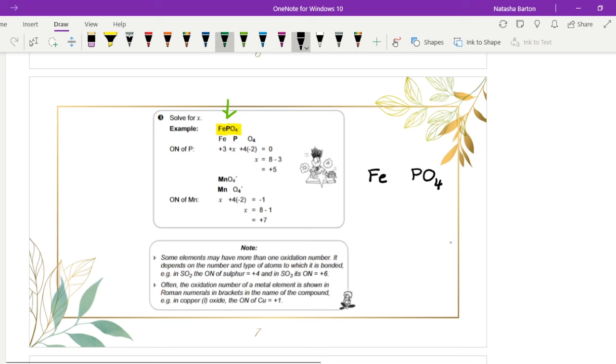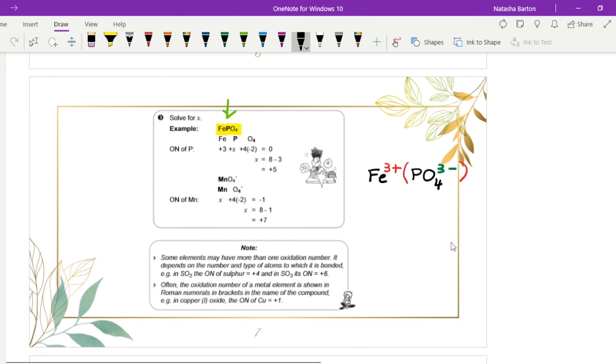PO4 is a polyatomic ion that is going to have a charge of 3-. How do I know that? Because we study it off by heart in grade 10. It's something that you are expected to know off by heart. So since this entire polyatomic ion has a charge of 3-, iron should have a charge of 3 positive.